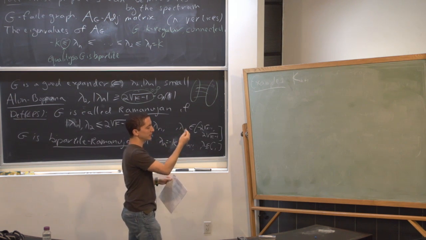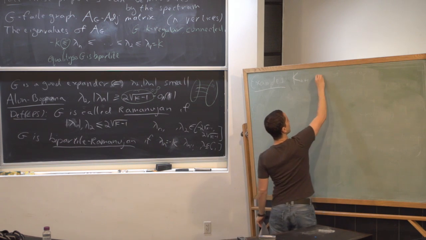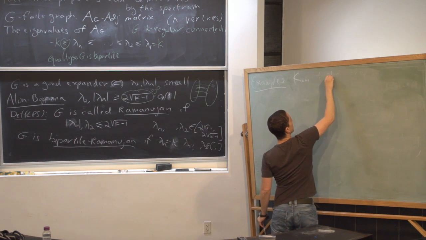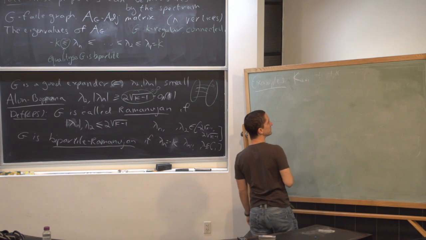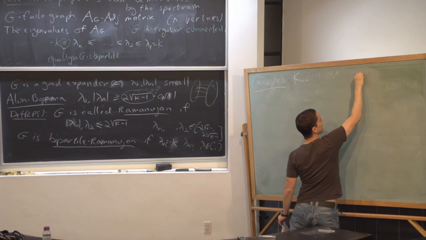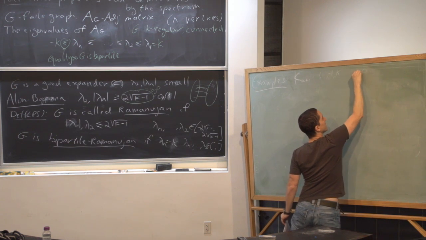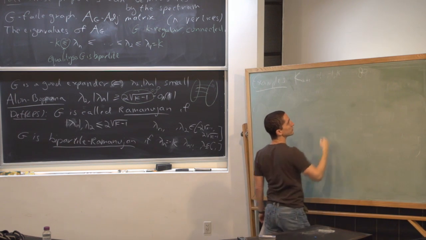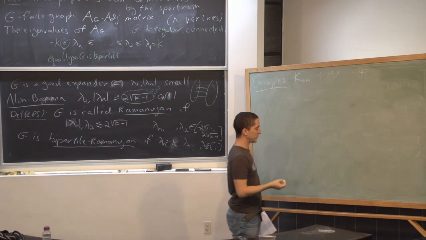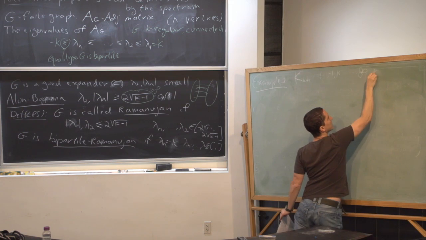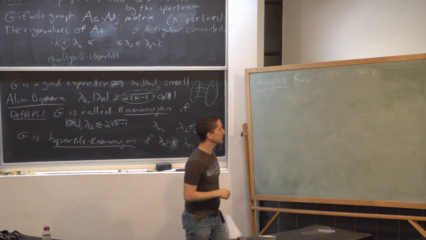It is k-regular, and its eigenvalues are exactly minus 1 with multiplicity k, and then k. So this is Ramanujan. You can also take a graph with one vertex and k over 2 loops. It has only one eigenvalue, which is k, so it is also Ramanujan.